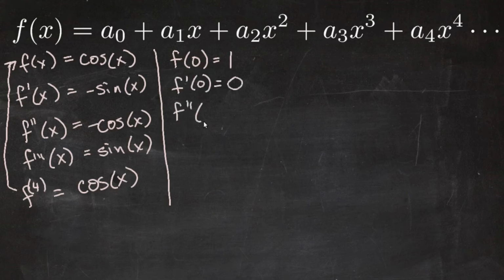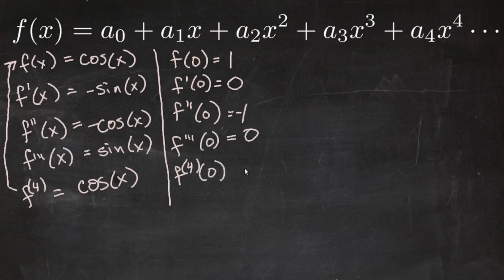F double prime of 0 is negative cosine of 0, so that's negative 1. F triple prime of 0 is sine of 0, which we know is 0. And the fourth derivative, evaluated at 0, is going to be cosine of 0, which we know is 1. So this pattern 1, 0, negative 1, 0, 1, 0, negative 1, 0, that's going to continue forever.